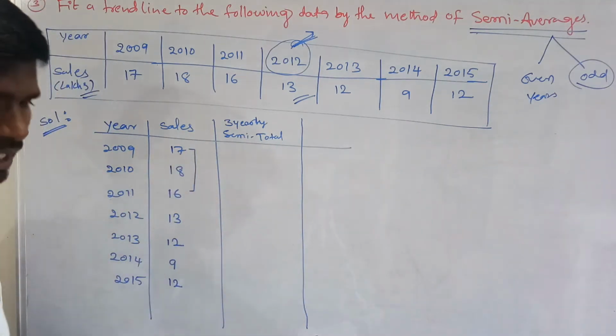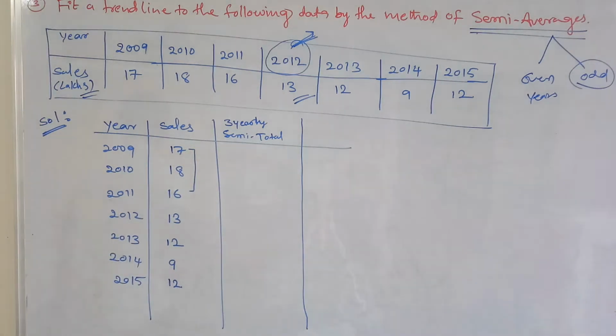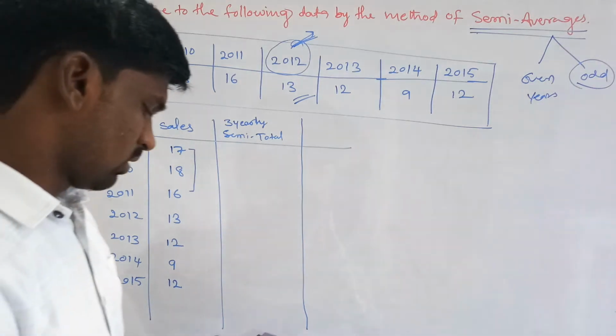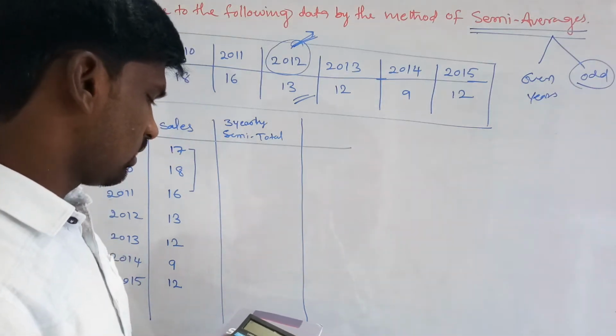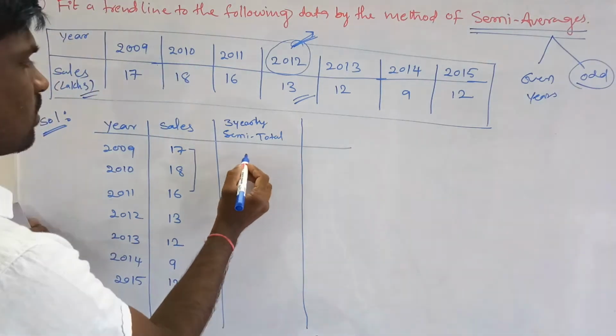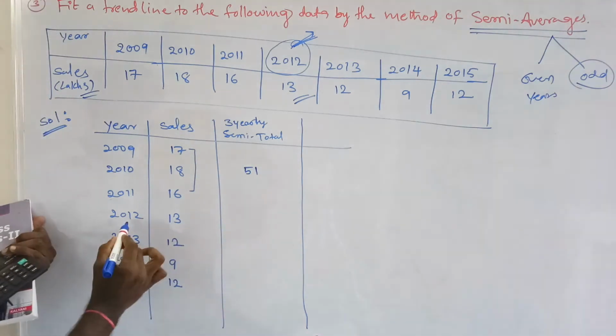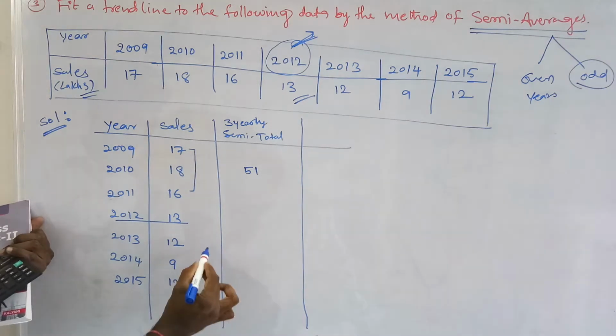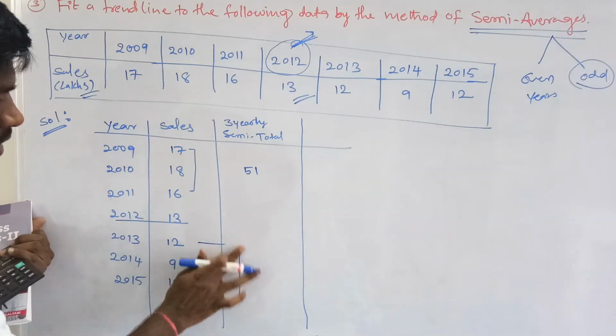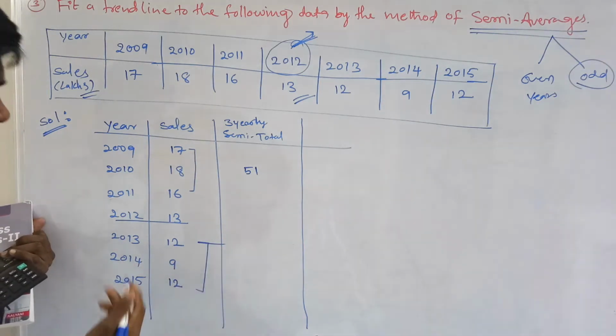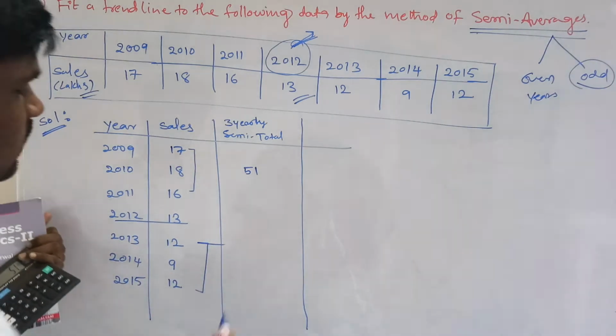Right, 17, 18 and 16, that is 51, and you omit this middle year, right? And 12, 9 and 12: 12 plus 9 is 21, plus 12 is 33.